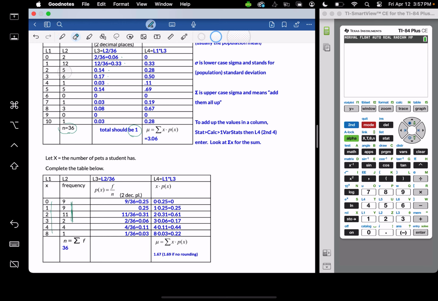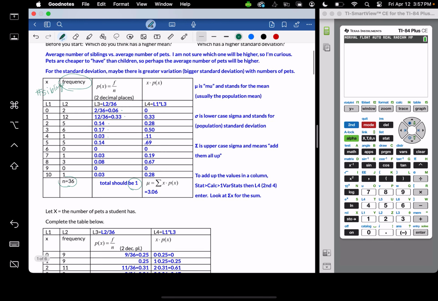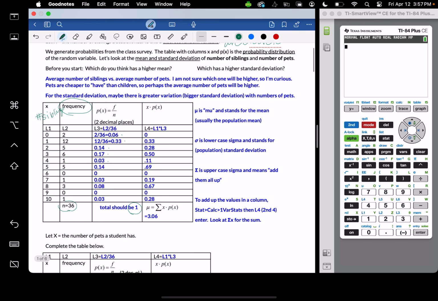Let me get rid of that and go back here. Okay, so that's what I was just talking about. In order to find the probability, P of x represents the probability of every value x. So the probability that someone has no siblings is 2 out of 36.